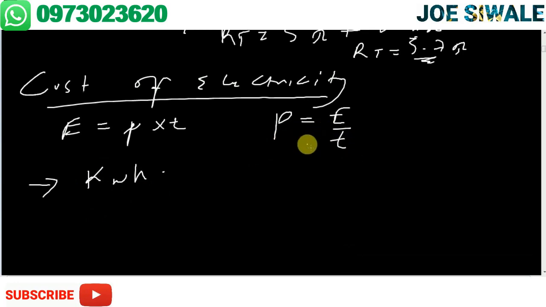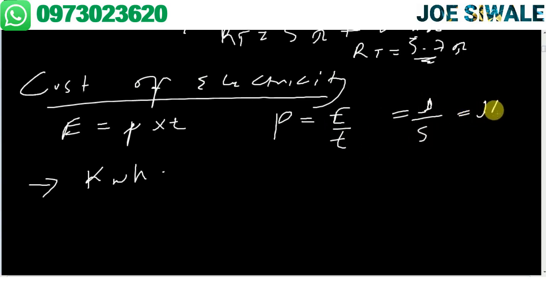And since we defined power as the rate of work done, the units of energy is joule divided by the units of time, which is second. So that is going to be joule per second. So we can say the watts there are equal to joule per second.